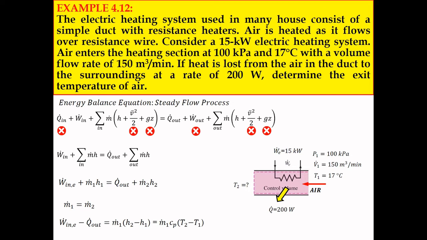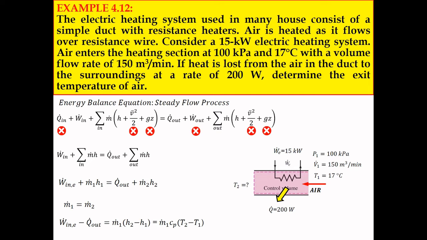The first equation that involves enthalpy uses the ideal gas of air table, where we have an additional step. First we need to determine the value of H1, and then from the energy equation we can get the value of H2.